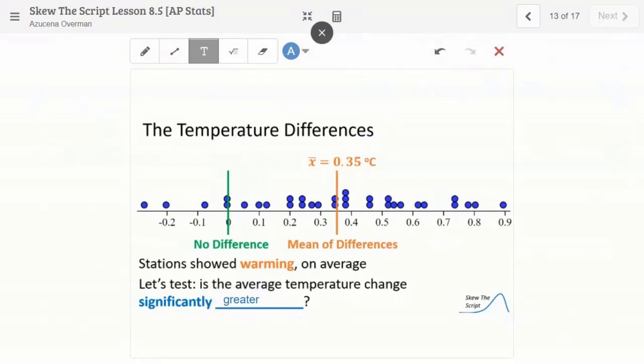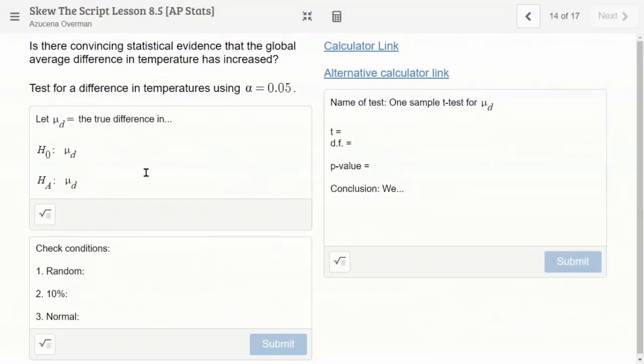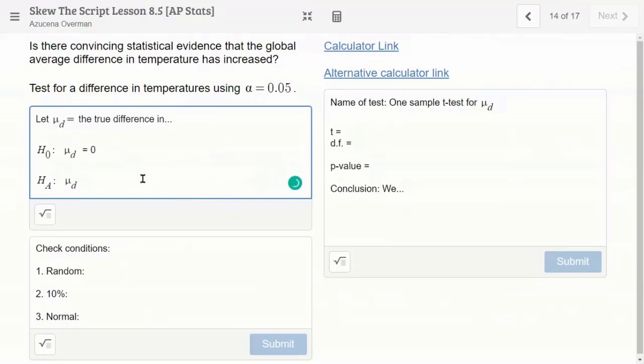And actually, I'm going to say greater than 0, which is basically positive, right? Okay. So we're going to test, and I'll go ahead. So mu d is the true difference is 0, and our alternate is we're worried that it's greater than 0. All right.